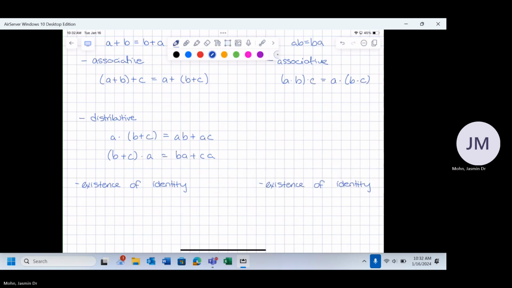Okay. So identity means what? For addition, what's our identity? So if we add 0 on the right-hand side, we get our number. And if we add 0 on the left-hand side, we still have our number.